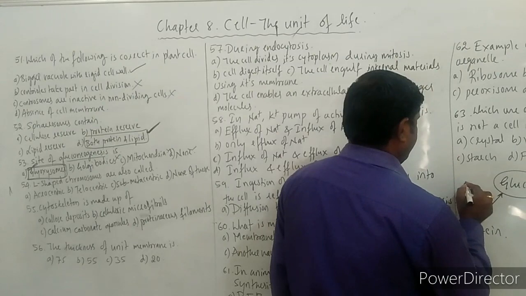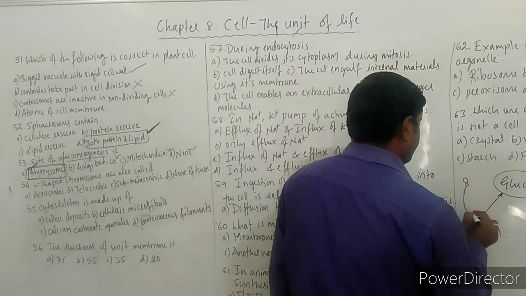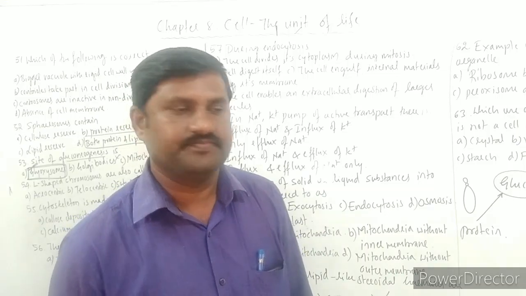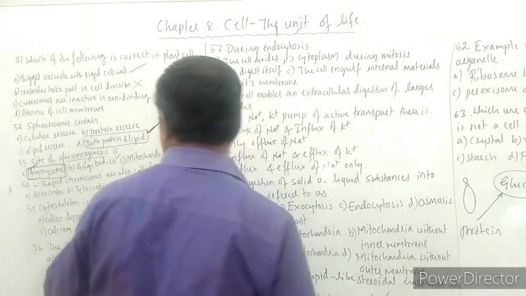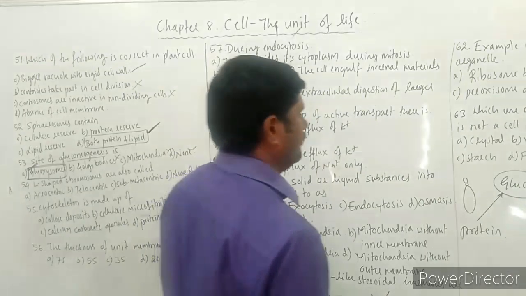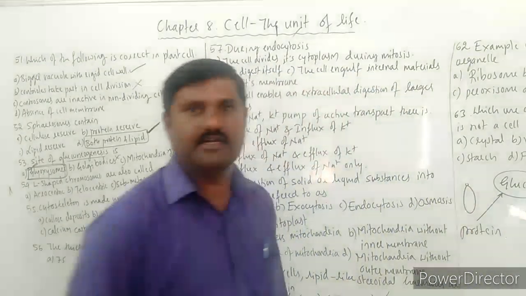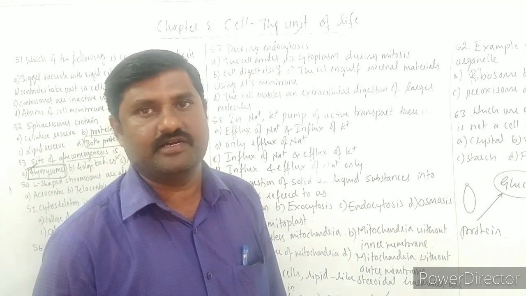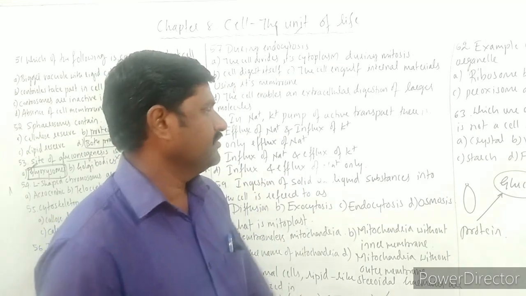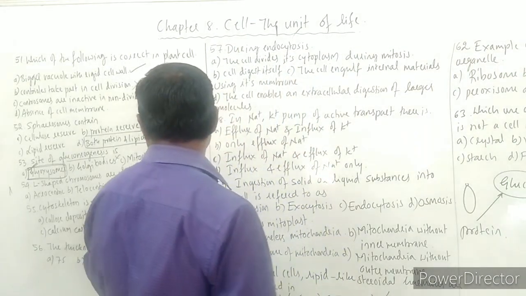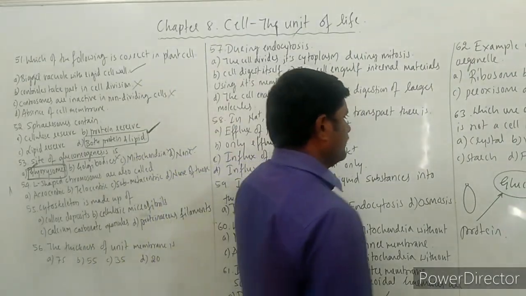Say, for example, this is the chromosome called an acrocentric chromosome. Second option, telocentric chromosome. If the centromere is present at the tip of the terminal part of the chromosome, then it is a telocentric chromosome.